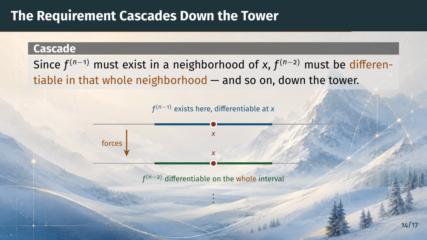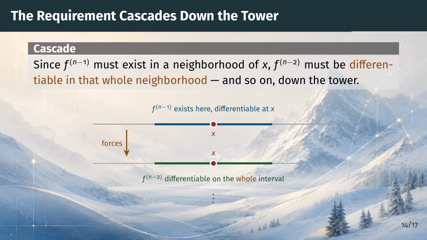But at each point of that blue interval, the derivative of order n minus 1 is itself defined as a derivative. So the function one floor below, of order n minus 2, must be differentiable at every point of that interval. That is the green line on the bottom, with the same point x marked in red, and the amber arrow labeled forces records this implication.